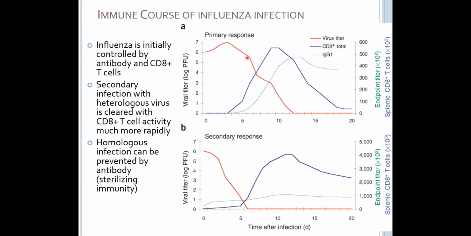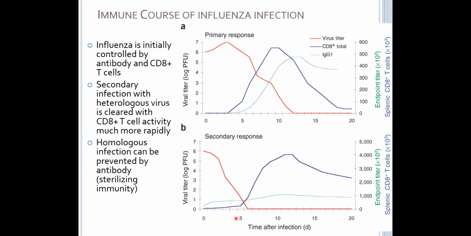So there's this initial decline of viral titer before any adaptive immunity emerges. And then by about day 5 or so, you start seeing the earliest signals from adaptive immune responses, CD8 T cells, and flu-specific antibody that eventually clear the virus by, say, day 10 to 12.